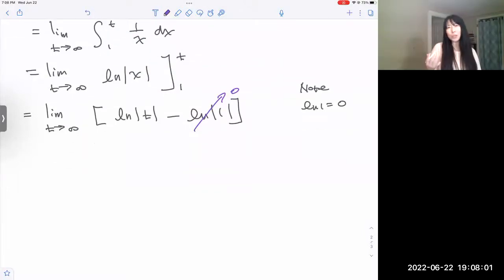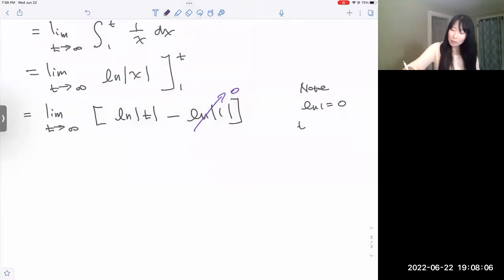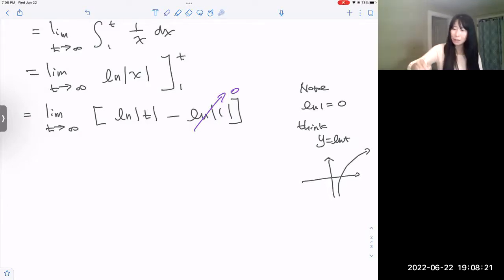Then when t approaches infinity, think about ln t, the natural log. So y equals ln t looks like this graph.